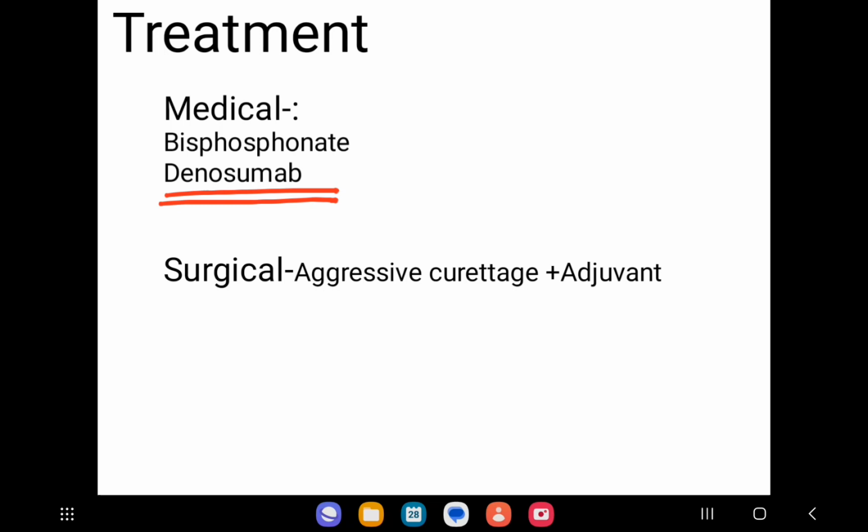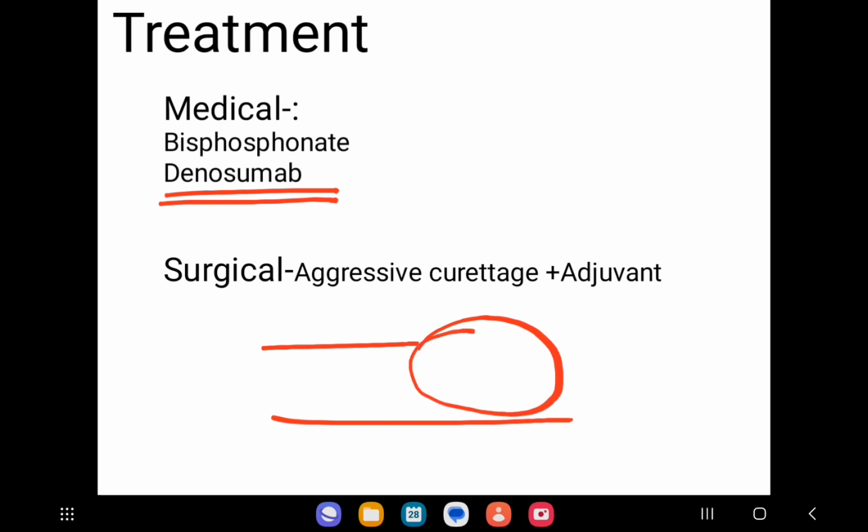We can also go for the surgical treatment, that is aggressive curettage and adjuvant therapy. Suppose this is a bone where you find this giant cell tumor. We curettage this area along with some normal bony area, so that we remove this area.